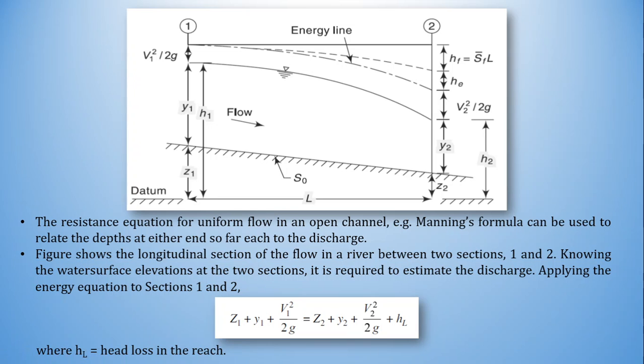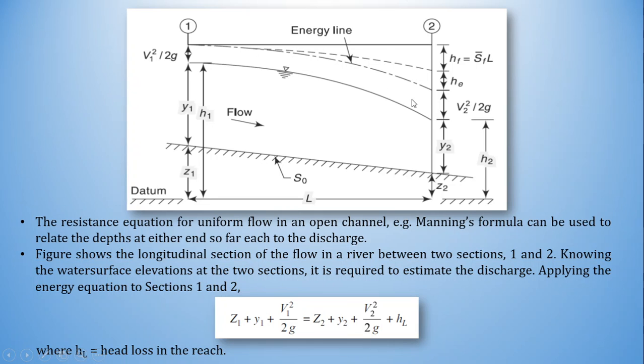With respect to datum, you can consider the height of flow for section 1 as Z1 plus Y1 equal to H1, and for section 2 it is Z2 plus Y2, that is H2. This is the velocity head for section 1, V1 square by 2g, and V2 square by 2g at section 2.